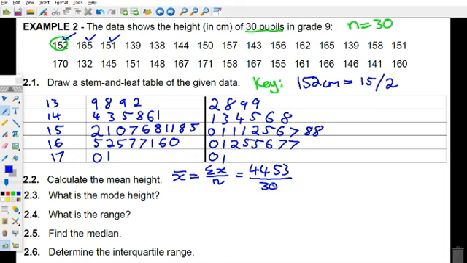Okay. So let's double check it. 32, 138, 139. So I get 4467. Yeah. 4608. Okay. So 143.